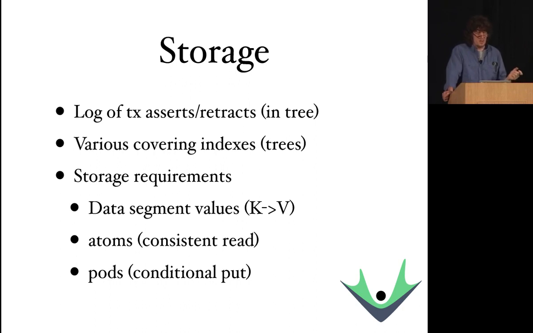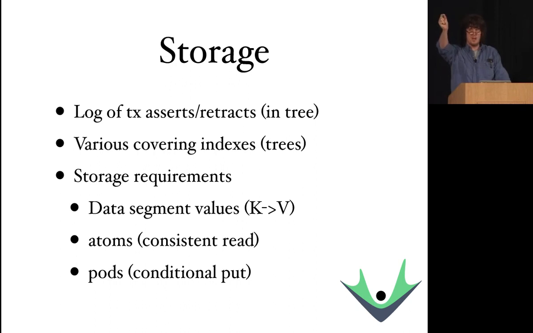The trickier thing, which is less readily available in key value stores right now, is conditional put, and this is used by the Datomic storage engine for the moral equivalent of pods, which I'm so reluctant to say that word, but effectively that's what Datomic has inside of it. In order to accumulate log, you need something that allows you to build up the tail of what's going to become the new part of the tree. If you look at the inside of Clojure's arrays, vectors, that's how they work, right?